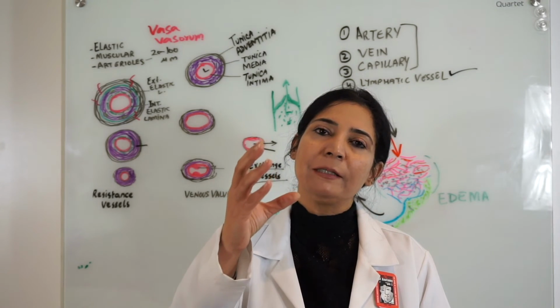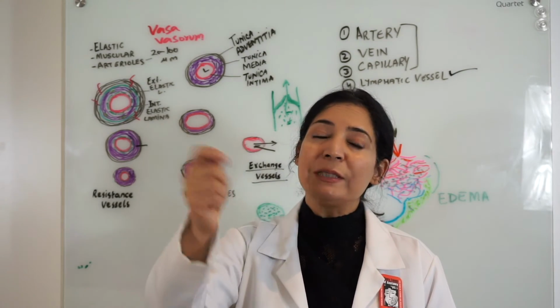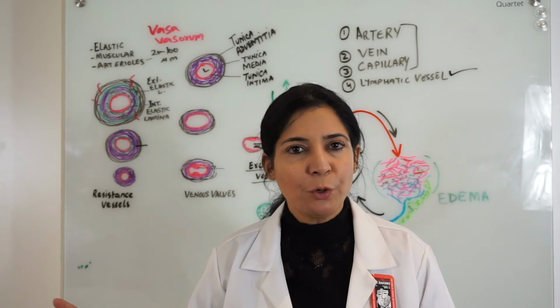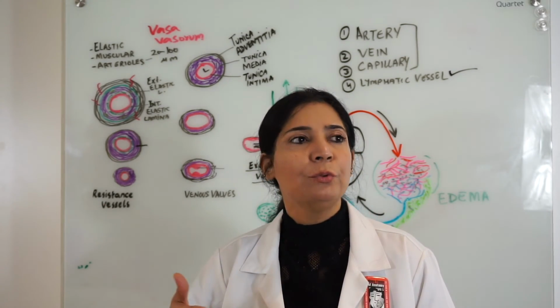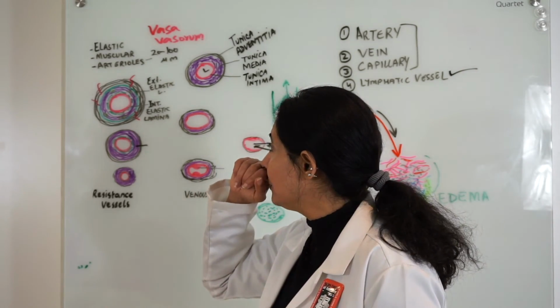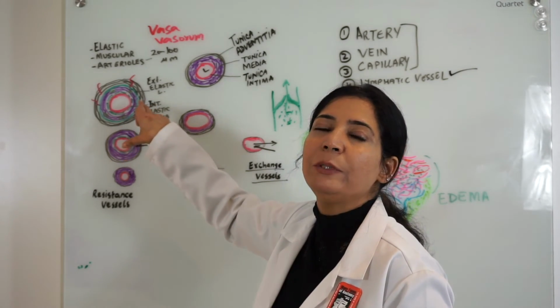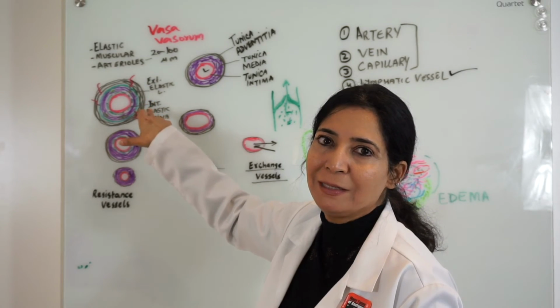They will get a little bit harder and lose that flexibility. That is pretty much normal. It is an age-related change, so you usually do not count it as a pathology, right? The basic changes related to age will happen within the tunica media, not in the intima or adventitia. Okay.